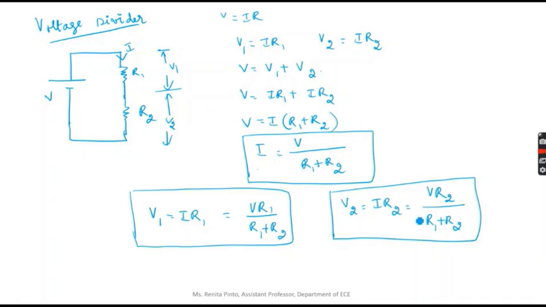You can also solve the problems using Ohm's law, but you will have to go through several steps, so the problem will be lengthy. Voltage divider rule makes your problem simple and very short. Okay, so V1 is equal to V into R1 divided by R1 plus R2, and V2 is equal to V into R2 divided by R1 plus R2.